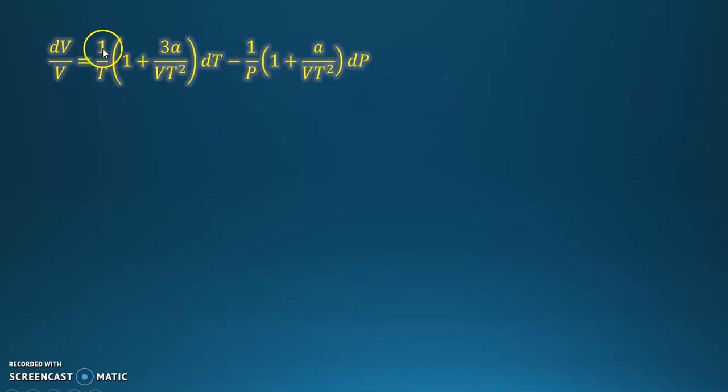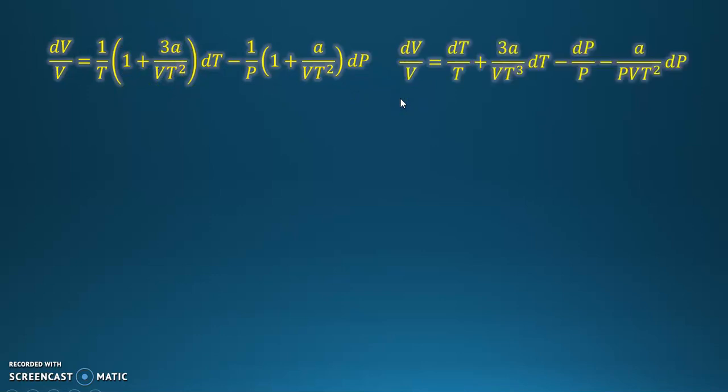First, let's multiply this term by the terms in the brackets. If we do that, we'll obtain this expression. We're just making the multiplication. Then, in order not to work with fractions, let's multiply all those fractions by the minimum common multiple.